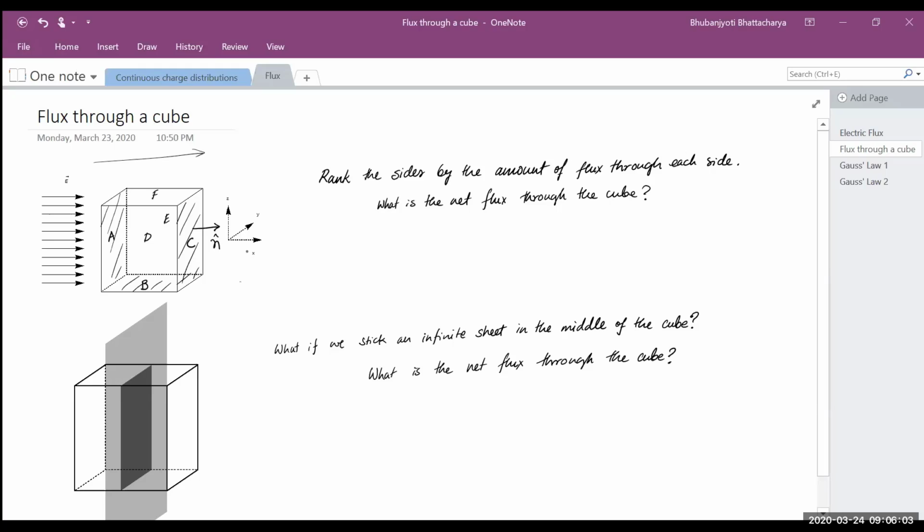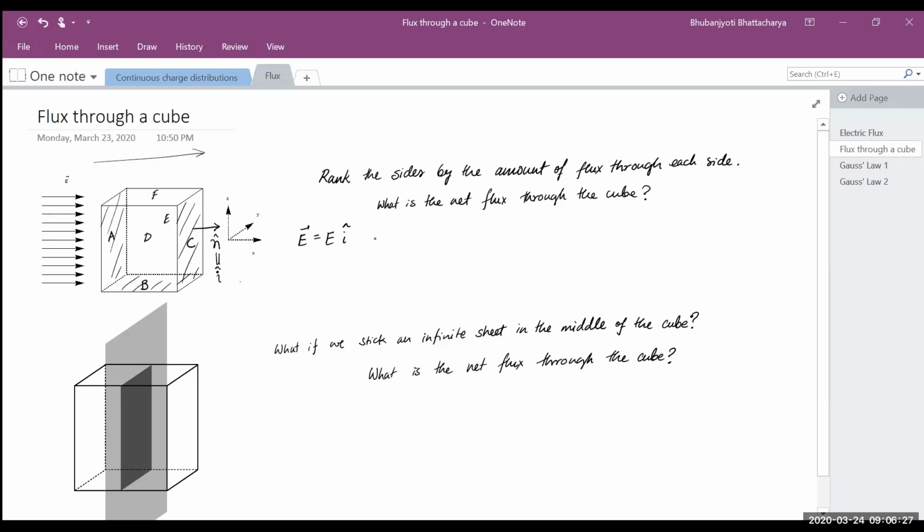In the picture I've called this direction the x-axis. So this n hat is also equal to the I hat vector, the unit vector along the x direction. And from the picture, it looks like the electric field is also pointing along the x direction. So in our picture, E vector is just equal to E times I hat.